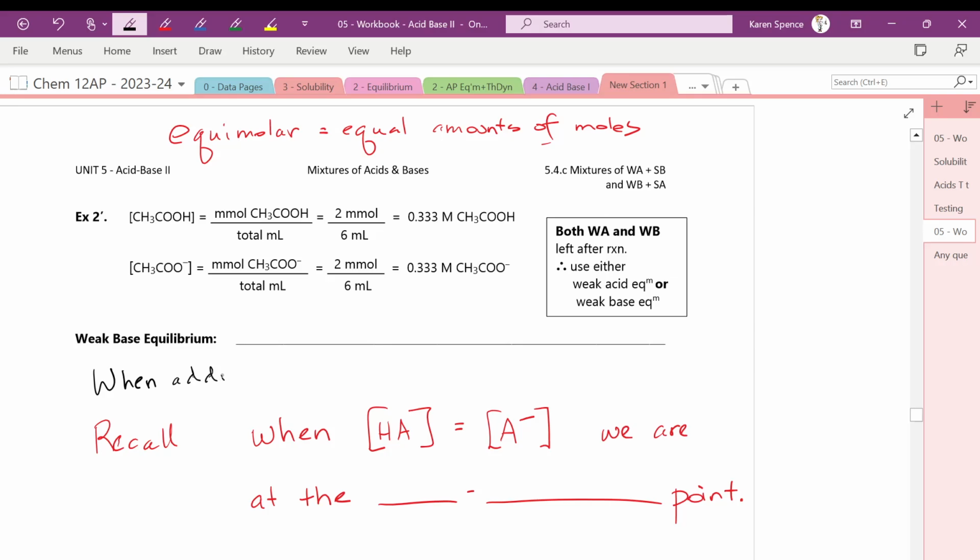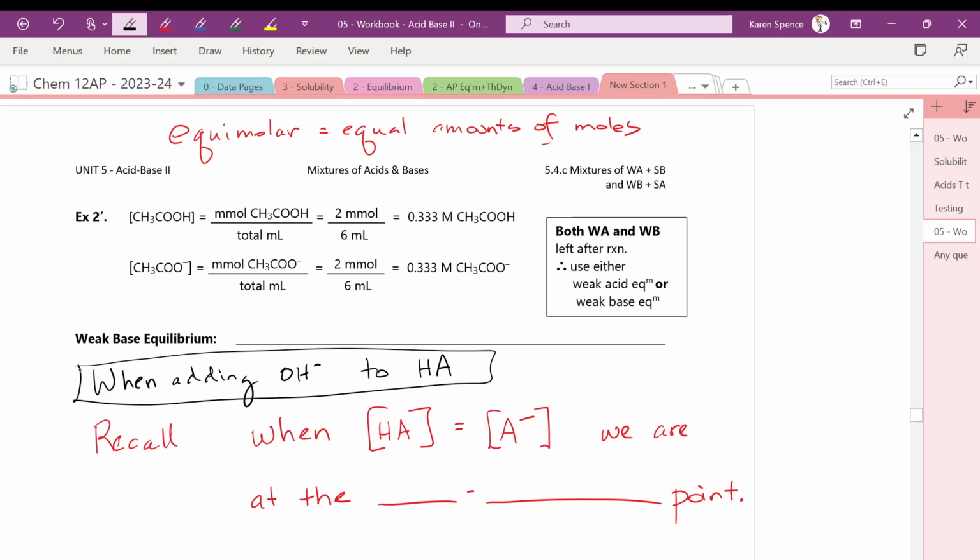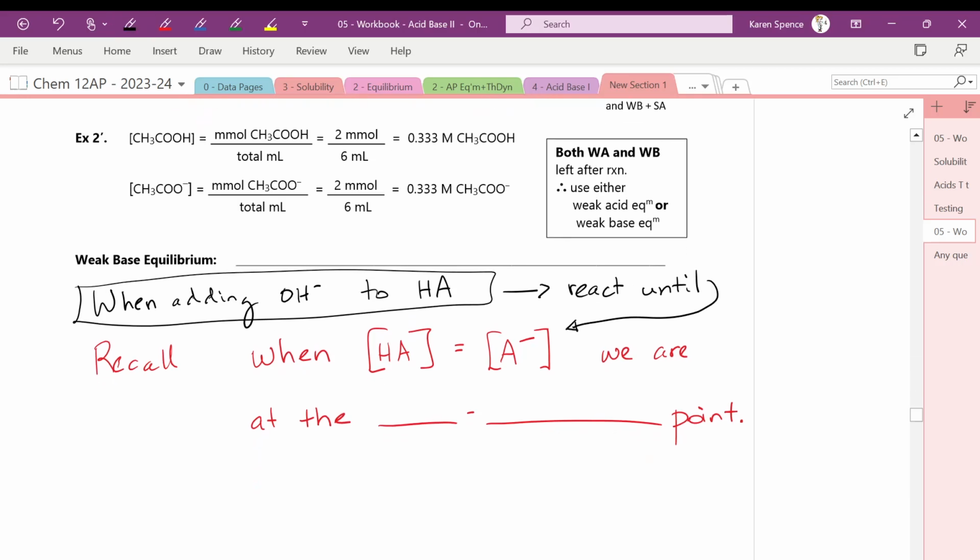When adding OH minus to HA, so that's what we're starting with. We're starting with just OH and HA, and we're reacting it until that is true.